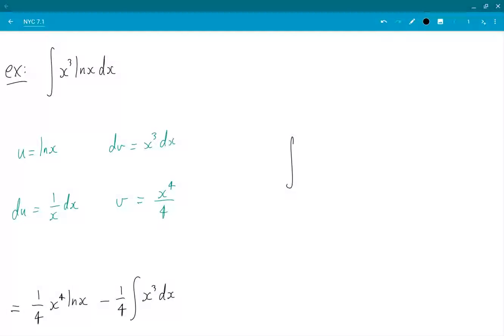Let's look at that integral of v du. What did I get? I got x to the 4 over 4 times 1 over x dx. And I had to take a step and simplify.